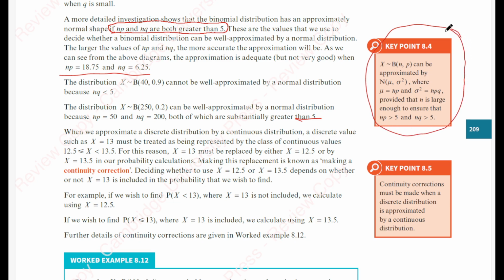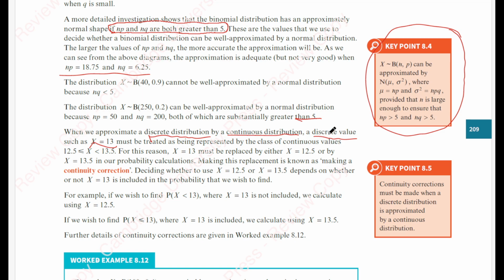This is very important. Afterwards, if we approximate a discrete distribution by a continuous distribution, you have to remember that if we have a discrete value, like x equals 13, it cannot be calculated like this in the continuous distribution, because the probability of a single value in a continuous distribution is just 0.